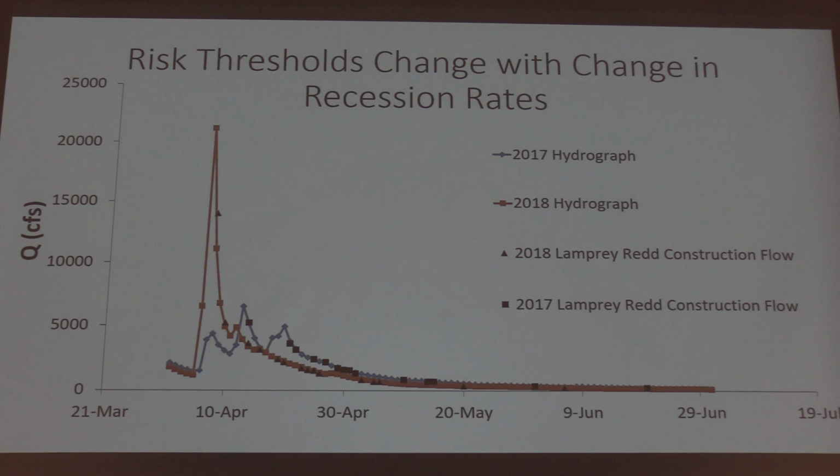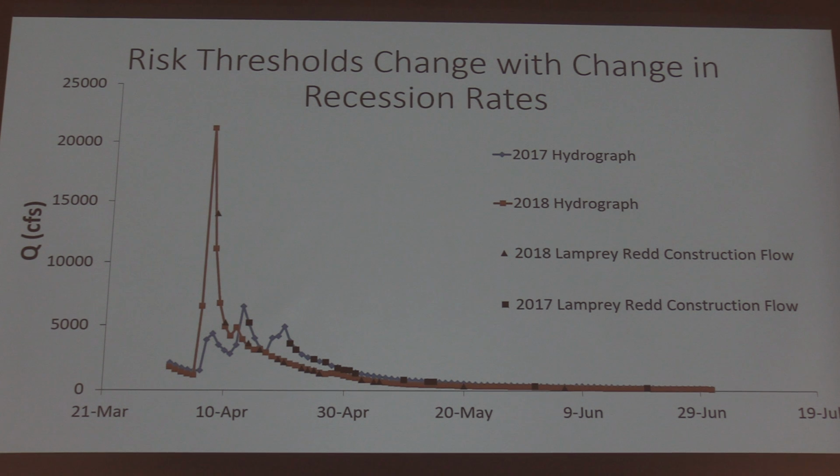So as you may imagine, these risk thresholds can change with change in recession rates. So as another little exercise to show how that works, I plotted the estimated stream flows at these lamprey redds along last year's hydrograph recession limb.